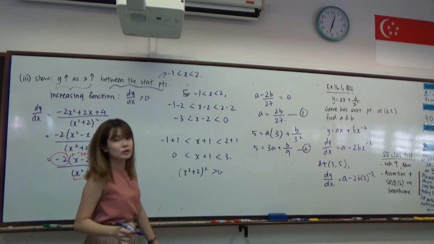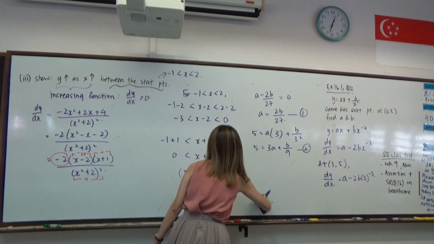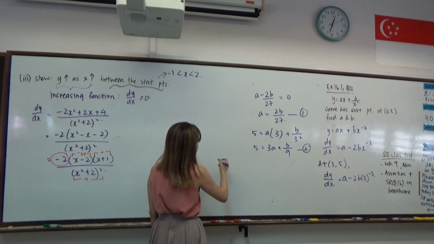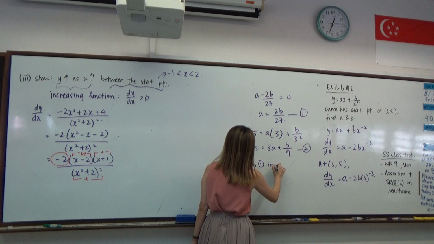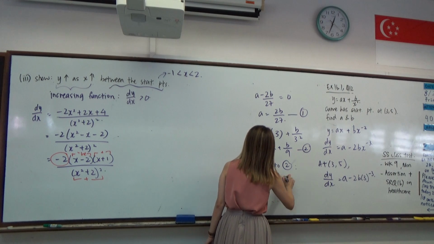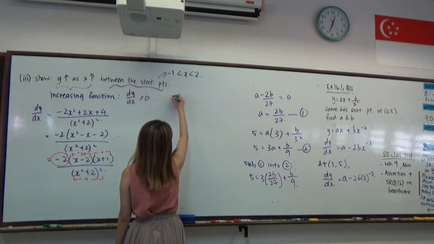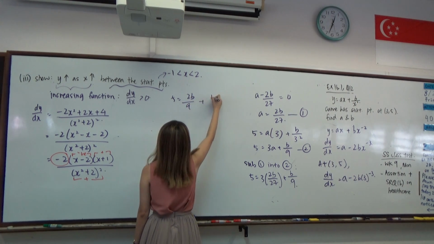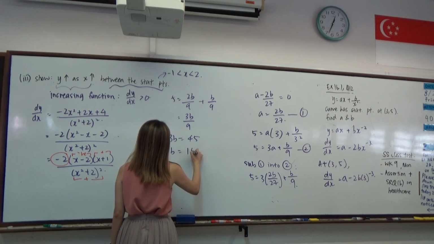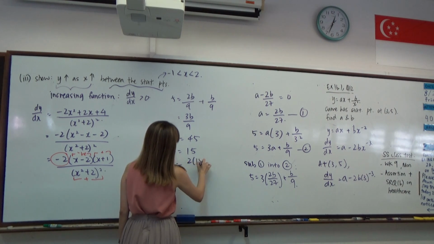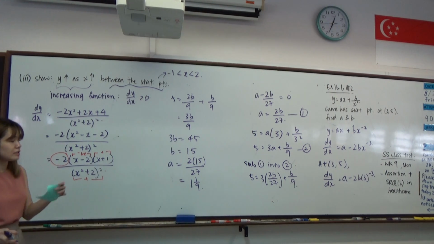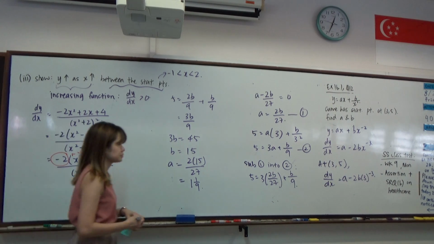So therefore we will now have two equations. Then we find that a equals 1 and 1 over 9 and b equals 15.